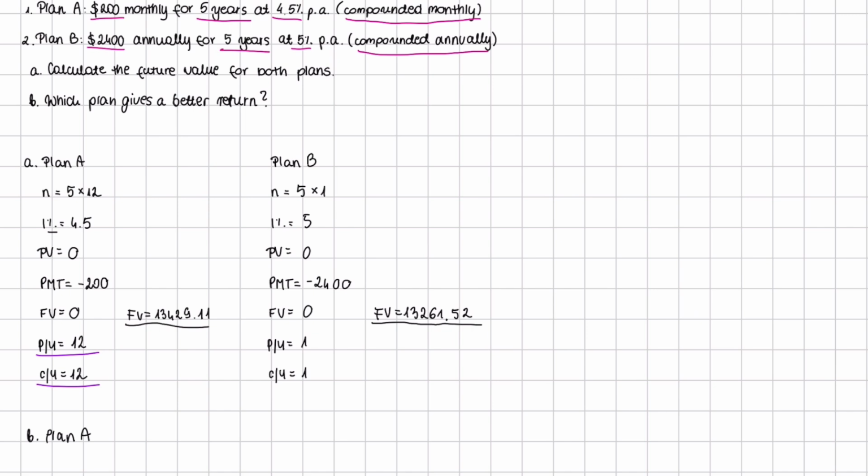So when we have compounded monthly, it is 12. If we have compounded quarterly, it's 4, and if it is compounded annually, we have C/Y equals 1. But P/Y is about compounding periods as well as those payments.